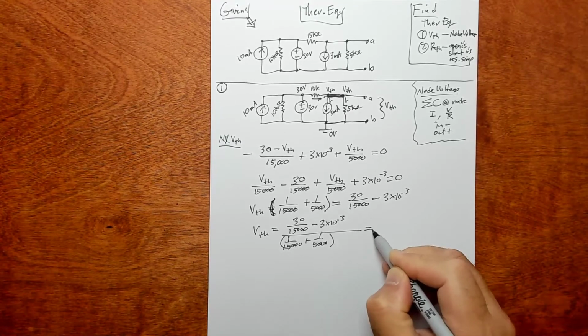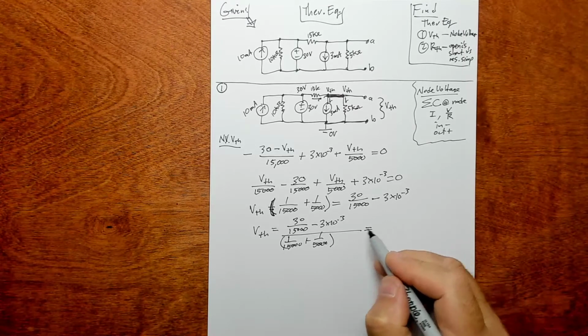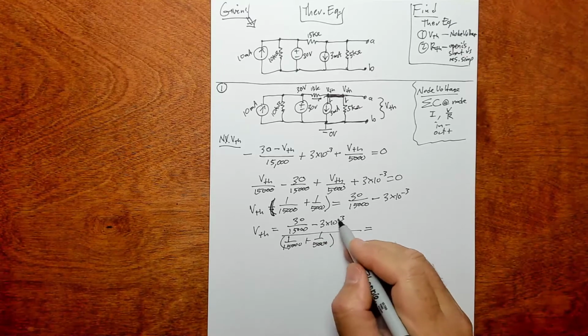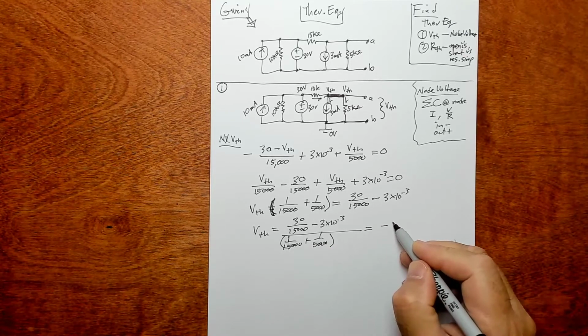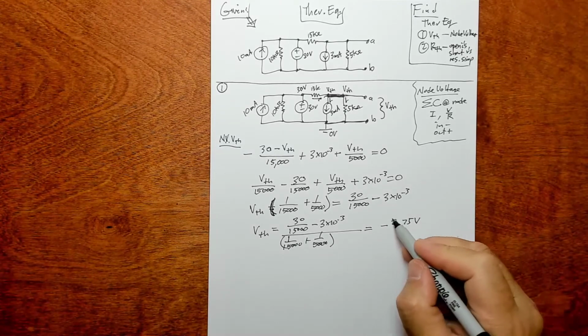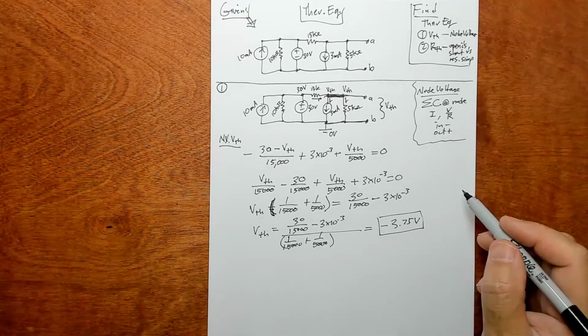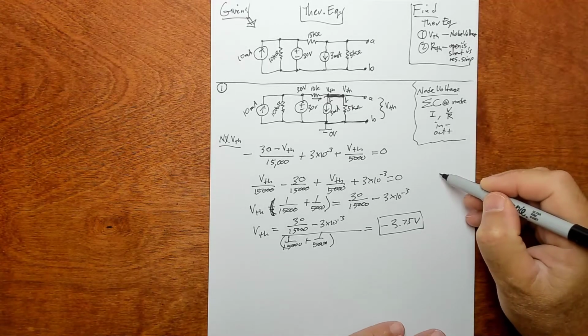Ugly, but punch this in your calculator and you get a negative number, because this term turns out to be bigger than that one, so you end up with negative 3.75 volts. That's V-Thevenin. It's good to take a little time to think about what that means.